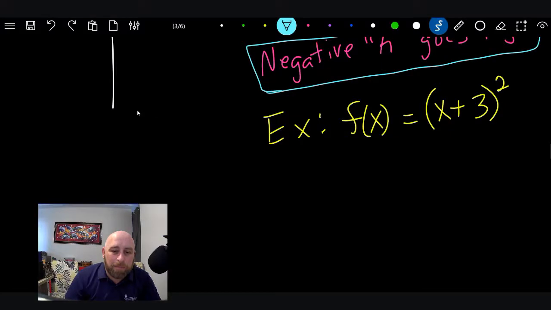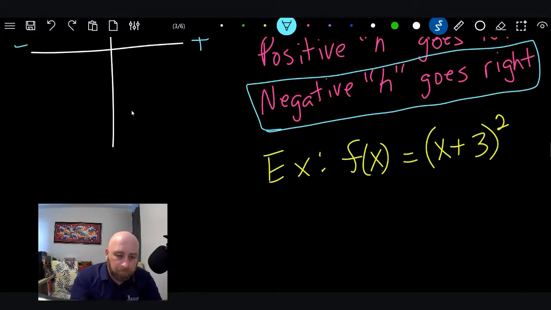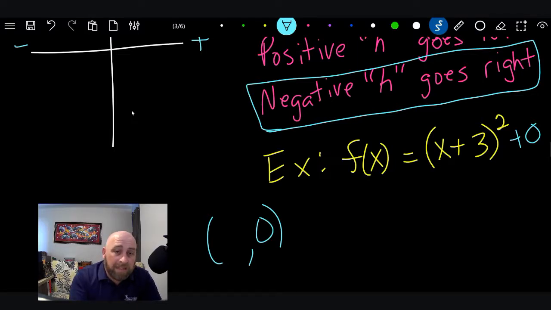Let's look at an example of that right now, okay? So here we go. We have this right here. Notice that it doesn't have a plus k. It's +0. So the k in our formula, or in our coordinate points for our vertex, is going to be 0. So what is the h? Now be careful.